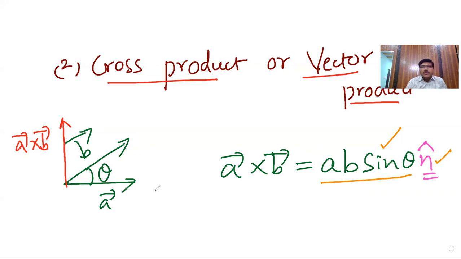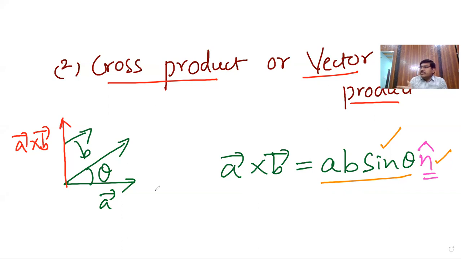Perpendicular to the plane. This is a bar, this is b bar, and this is a bar cross b bar. If this is a bar and this is b bar, it may be in the downward direction also. It depends upon the right hand thumb rule. We have seen that the direction is always given by the right hand.